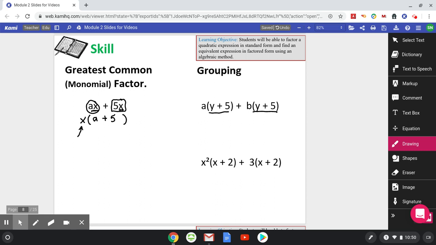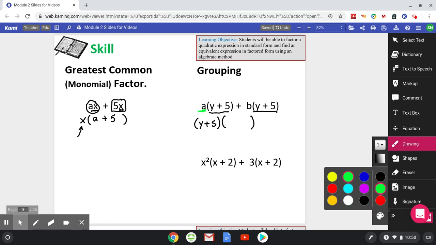So in this one they have not a monomial in common, but they have a binomial. That means that y plus 5 is going to be on the outside because we have to take that one out, similarly to how we did it on the left. And whatever stays inside, in this case the a and the b, would be here a, there's a plus, so plus b.